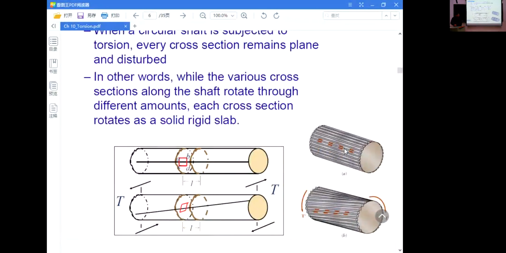Look at this figure. We can take a small square.